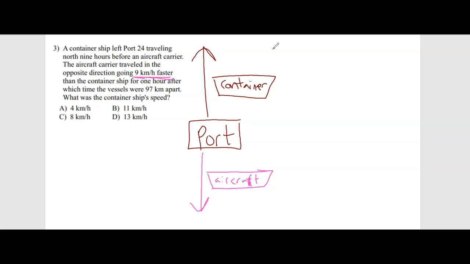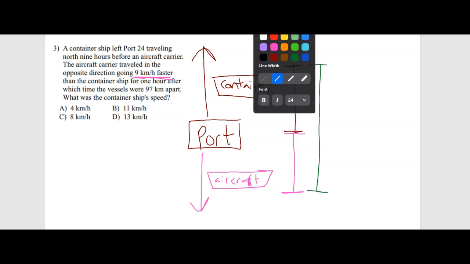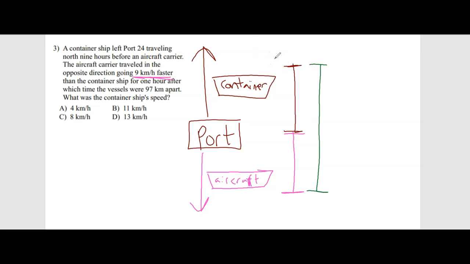So we have a lot of information here. Let's start with our equation. We already know that if we add the distance that the container ship goes, let's make that a little longer here. Oops, still my eraser. Hate when that happens. So the distance of the container ship plus the distance of the aircraft carrier, right, that gives us our total distance. All right, so let's set up an equation. I'm going to do this over on the left and just hope I have enough space.